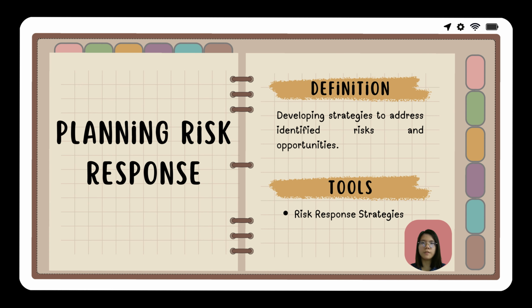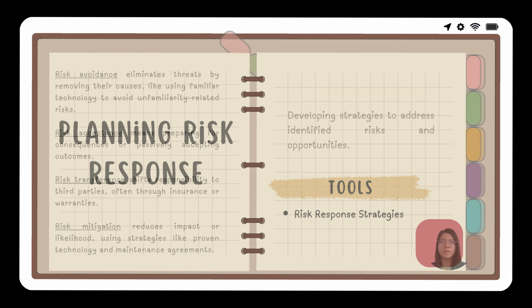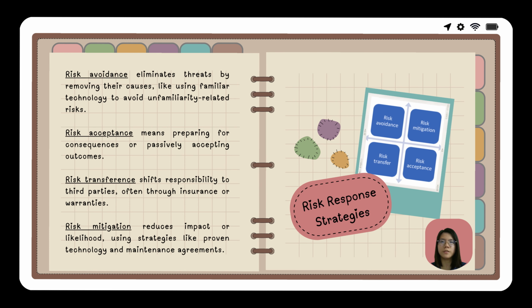Planning risk response involves developing strategy to address identified risks and opportunities. Tools used include risk response strategies. A risk response strategy involves several approaches to managing identified risks. Risk avoidance eliminates threats by removing their causes, such as using familiar technology to avoid unfamiliarity-related risks.